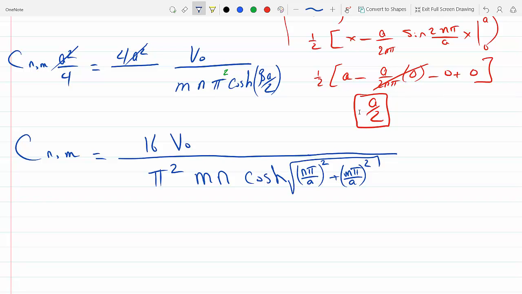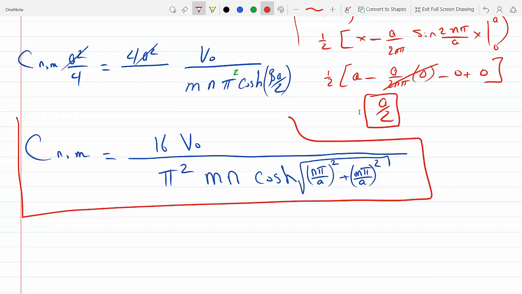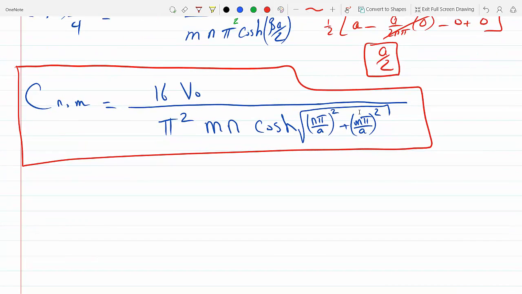There we go, and this is really what we spent most of our time going after. What are these coefficients? So now you can see that for every n and m, you're gonna get a different coefficient.